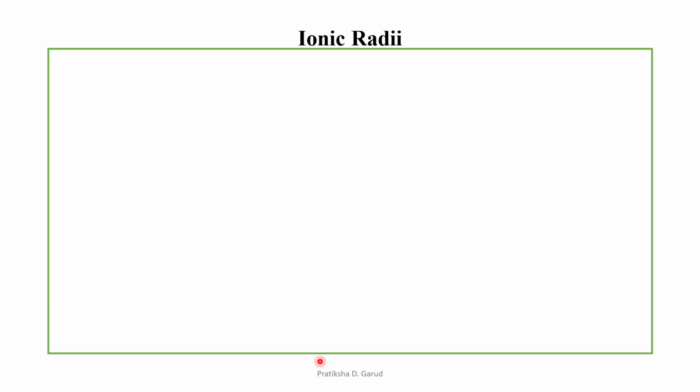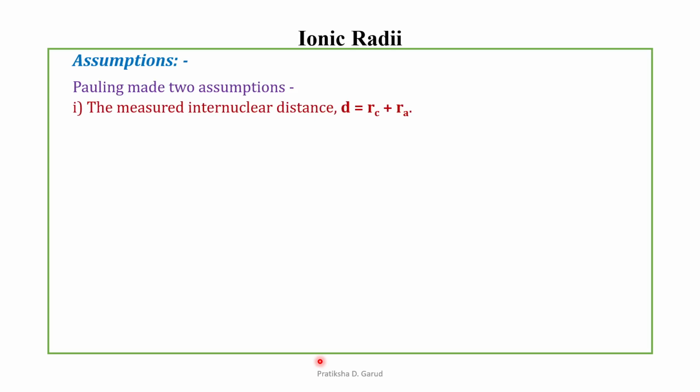So let us explain this. We have further assumptions. There are two assumptions made by the scientist Pauling. The first is the measured internuclear distance. Internuclear distance means the sum of radii of the two ions, so D equals radius of cation plus radius of anion.